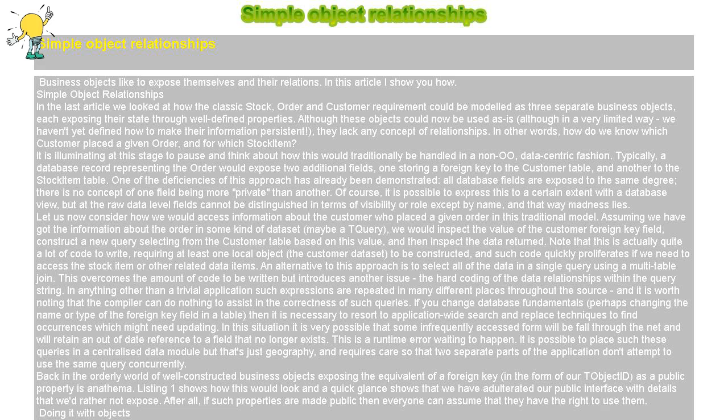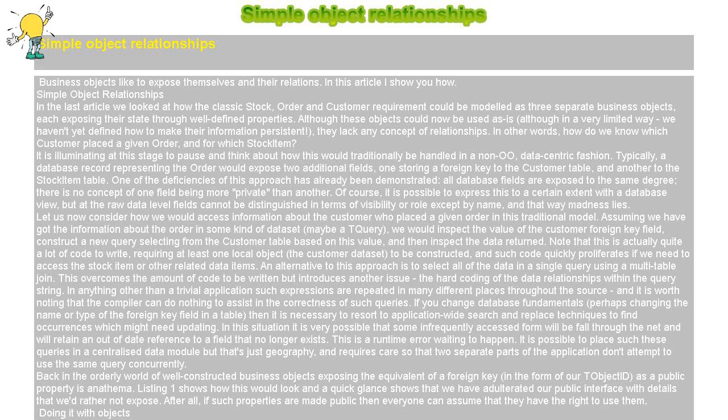Although these objects could now be used as is, although in a very limited way, we haven't yet defined how to make their information persistent. They lack any concept of relationships. In other words, how do we know which customer placed a given order, and for which stock item?